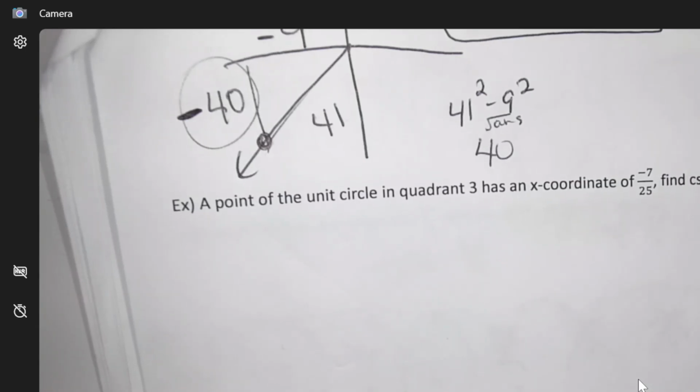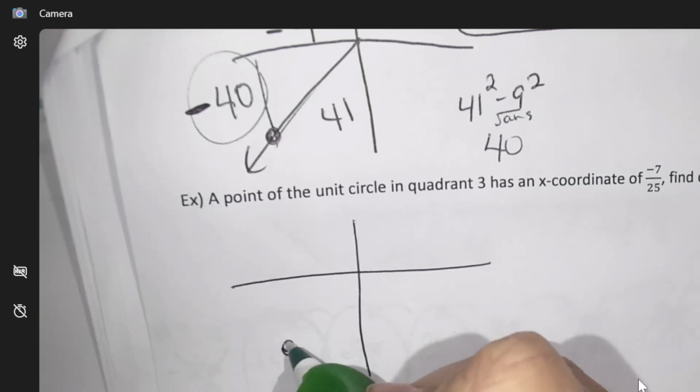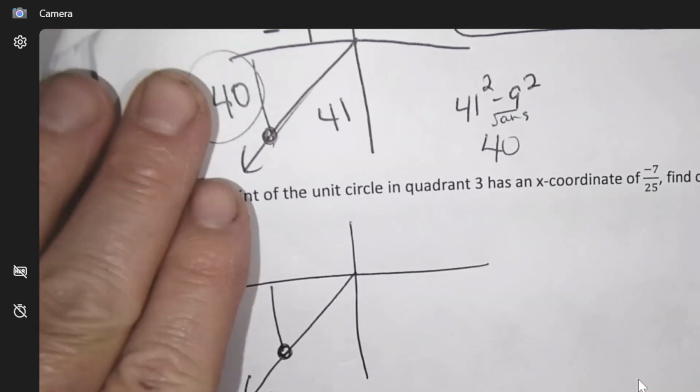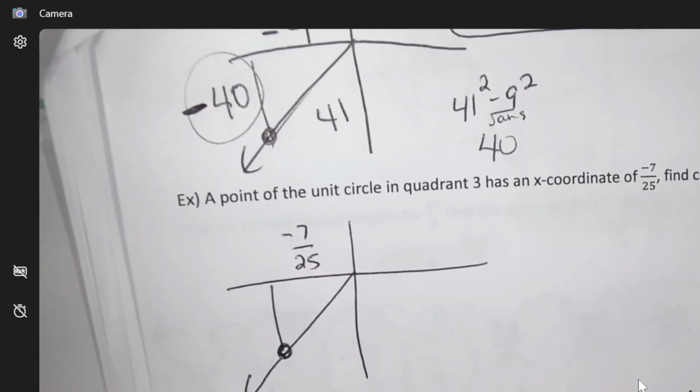A point on the unit circle in quadrant 3 has an x coordinate of that.